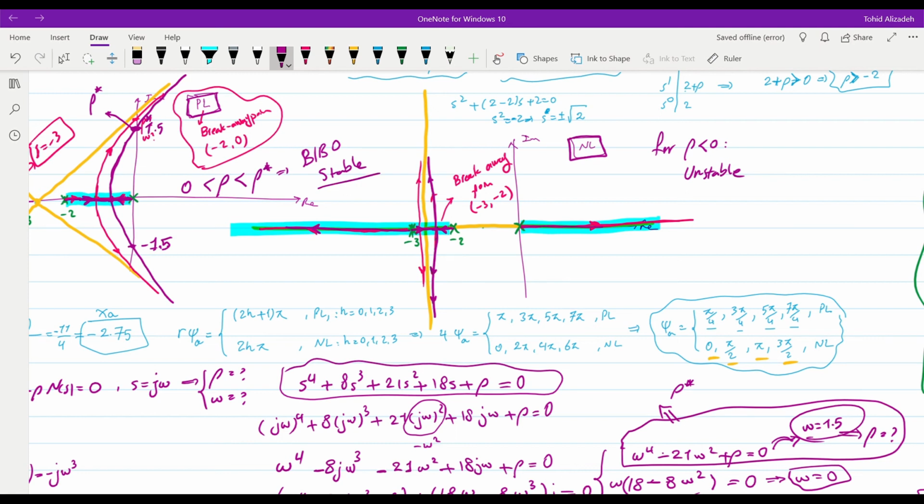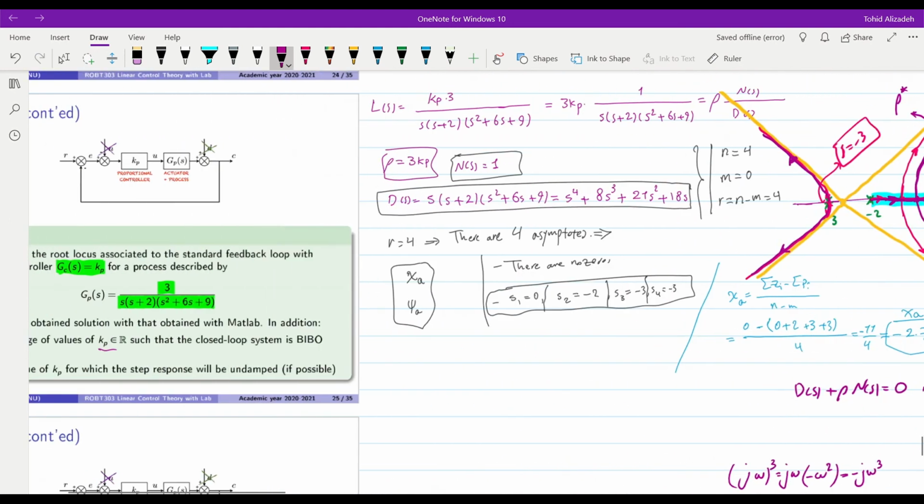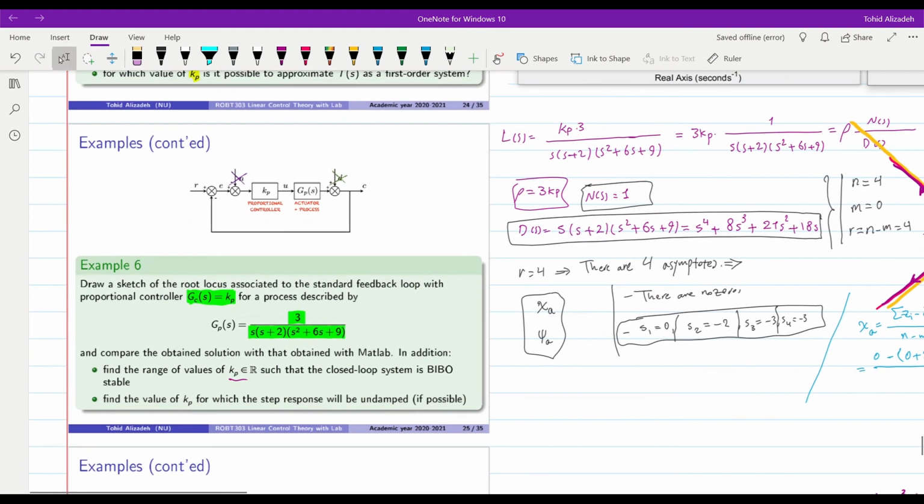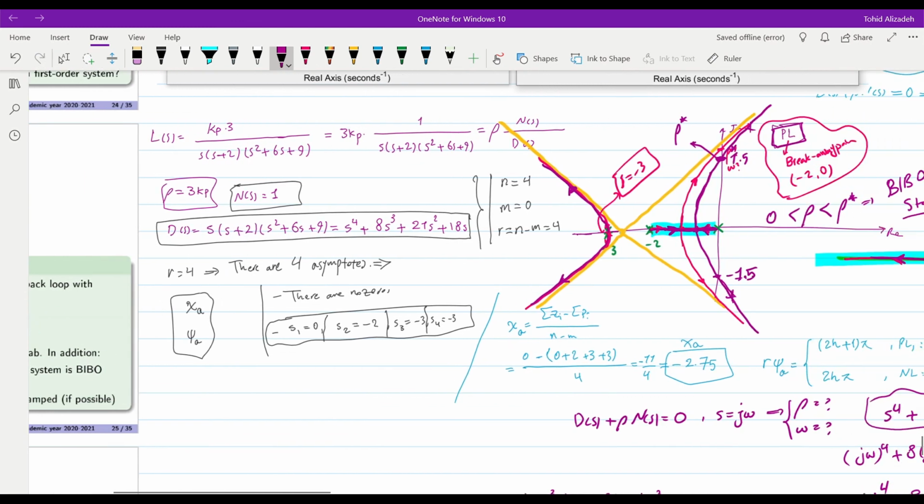So for rho between 0 and rho star, the system is stable. Otherwise, it is unstable because we will have closed loop poles on the right half plane. And then we want to check for which value of Kp the step response will be undamped if possible.